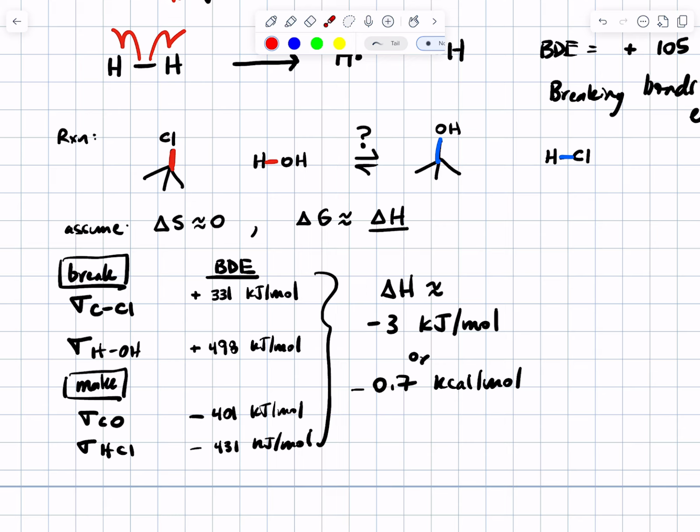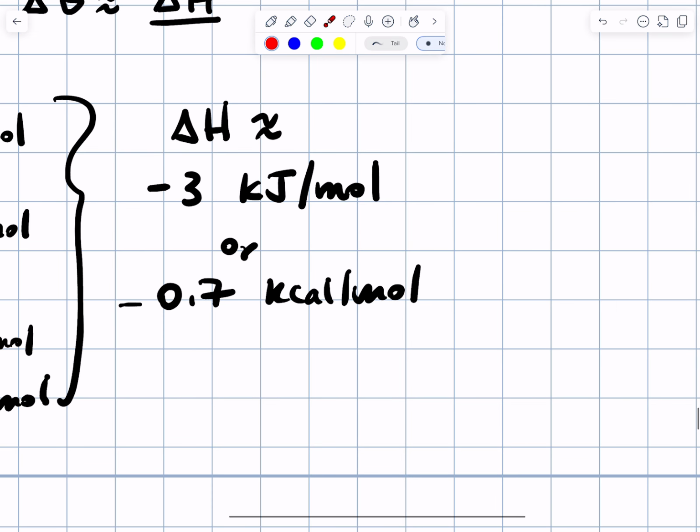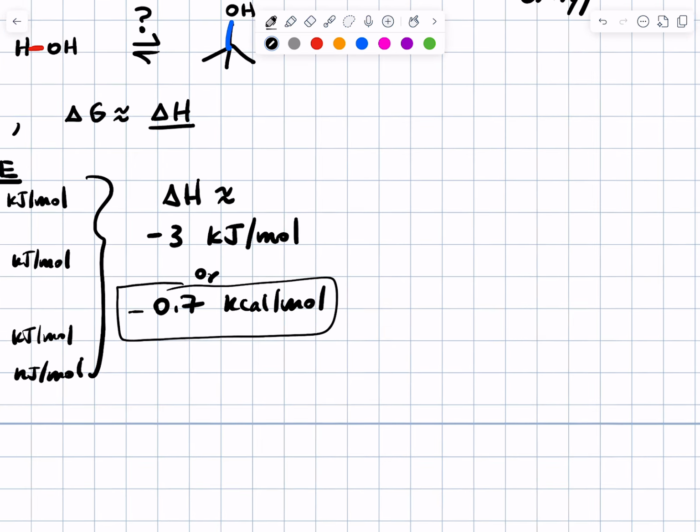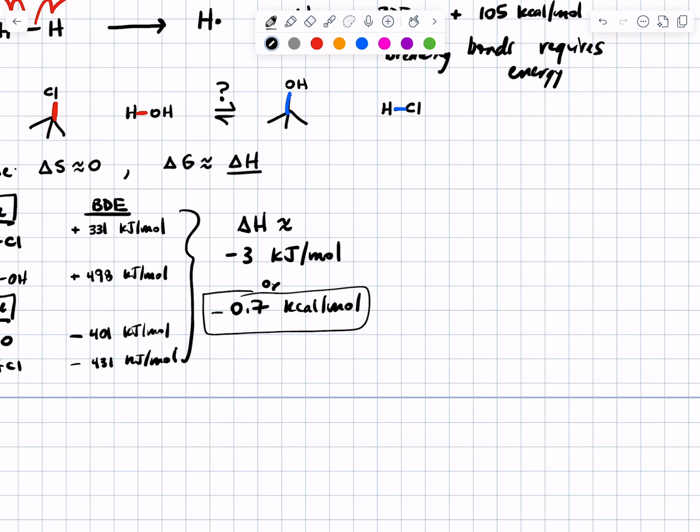Okay, you may want to know what kind of energy differences lead to really, really favorable reactions. And this is why I prefer kilocalories per mole. If you look at this change in enthalpy for the reaction in kilocalories per mole, you can remember, and I'll give you a rule of thumb.